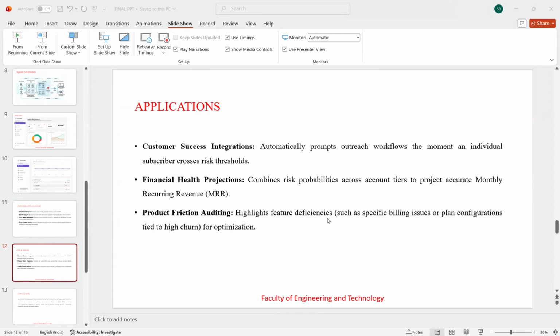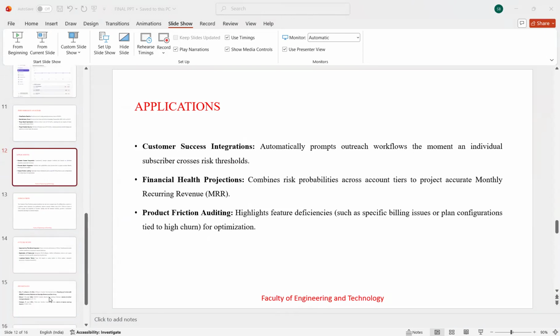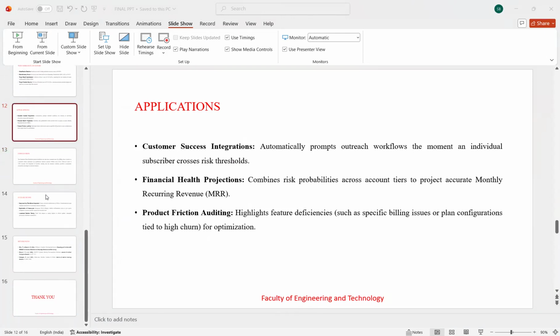Next, financial health projection. It predicts the future monthly income and helps the business plan their revenue better. And next, product friction auditing. This application finds the problems in the product or service. This helps to improve the features and reduce the customer loss.